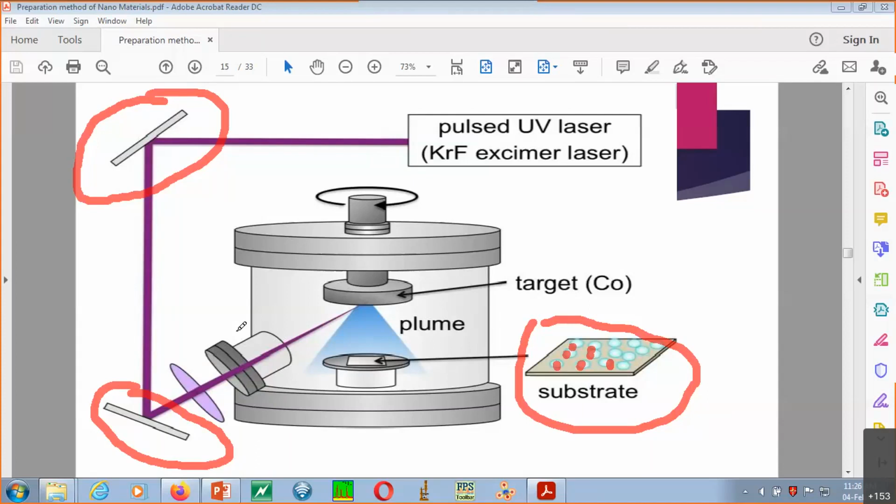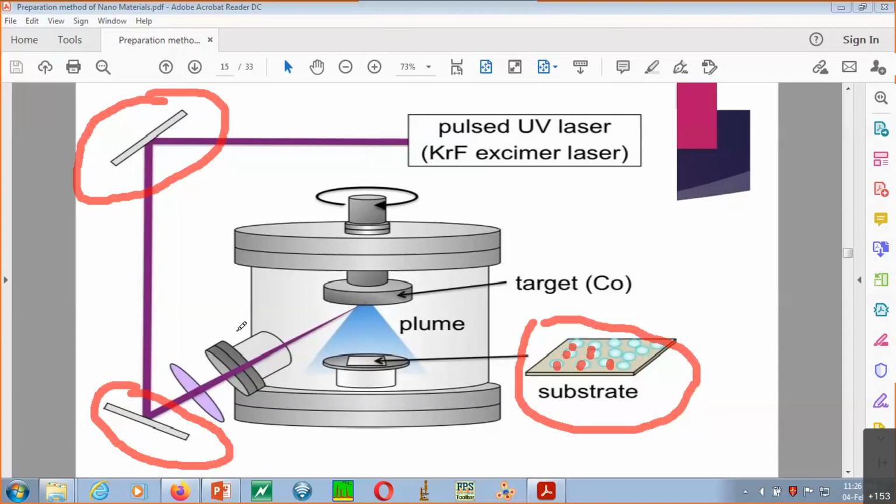So what we can do is, with the help of these reflectors, we can control the energy of the laser beam. As per the requirement of the target material, we can provide the energy to it, and that is why we are using the reflectors. Whatever energy I require, only that much I can direct to the target material.